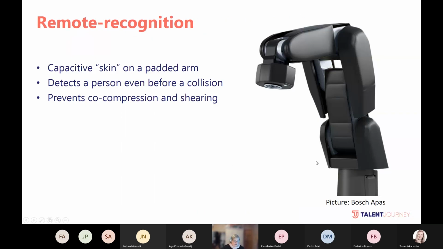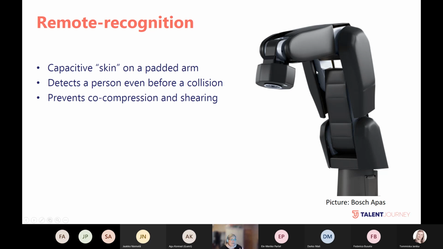All right. One really interesting add-on or feature is remote recognition. It is based on capacitive sensing, and that's why it's called capacitive skin. There are two different versions of it. The first is the kind that is shown in this picture.